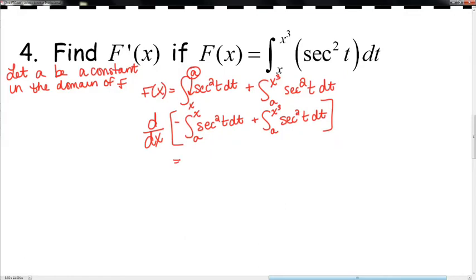And so this becomes secant squared of x, because I'm just plugging in, plus secant squared of x to the third, and I need to multiply that by that 3x squared. And there we go. That's our answer.